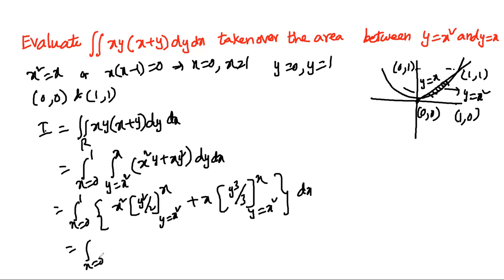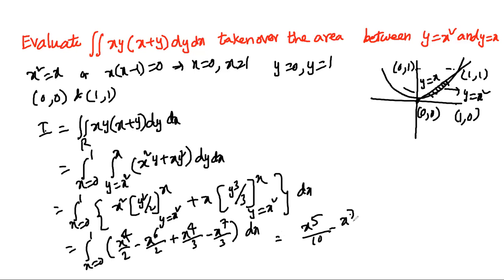Now integral x is equal to 0 to 1 of x power 4 by 2 minus x power 6 by 2 plus x power 4 by 3 minus x power 7 by 3 dx, which means now again you can simplify: x power 5 by 10 minus x power 7 by 14 plus x power 5 by 15 minus x power 8 by 24, with x from 0 to 1.